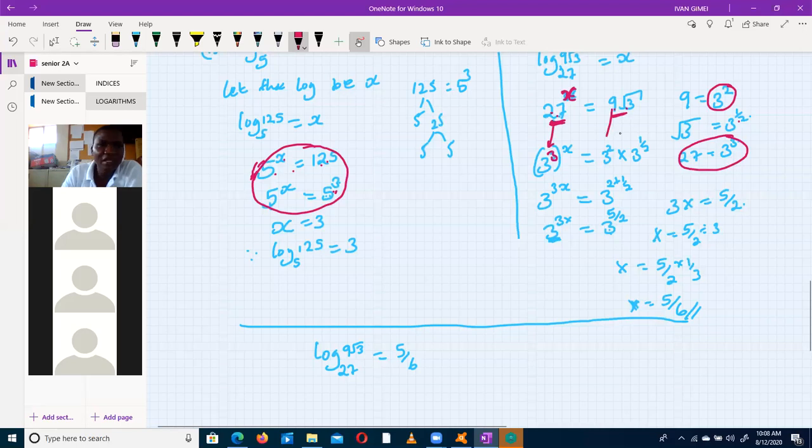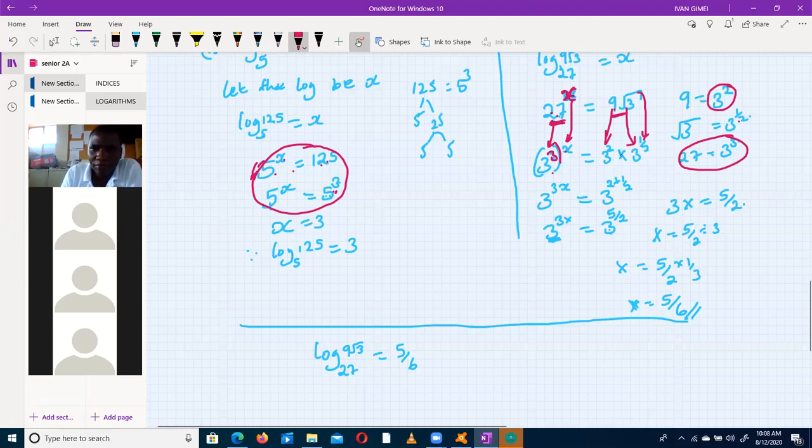My endeavor here is to have both sides expressed in terms of the same base so that I can equate the powers. So 27 is 3 cubed. Then the x is outside, it is here. Then the root is half there. Is it clear now? Yes.